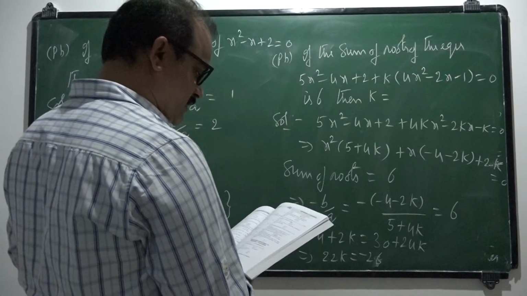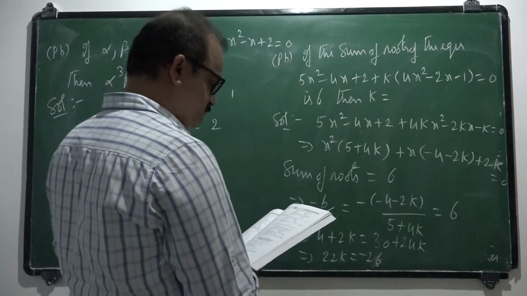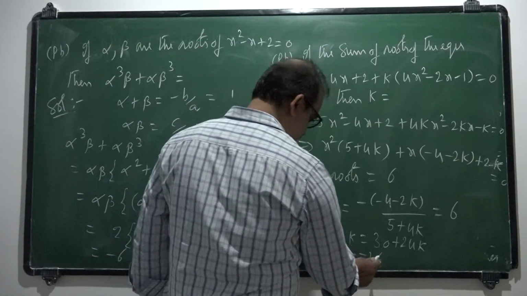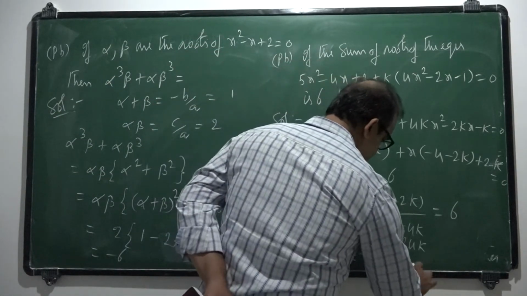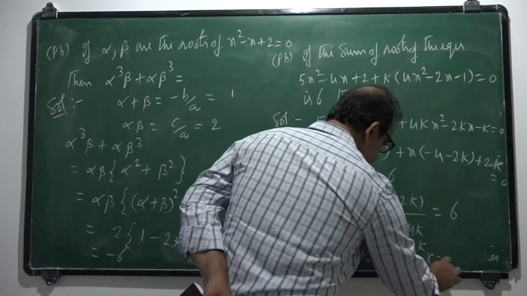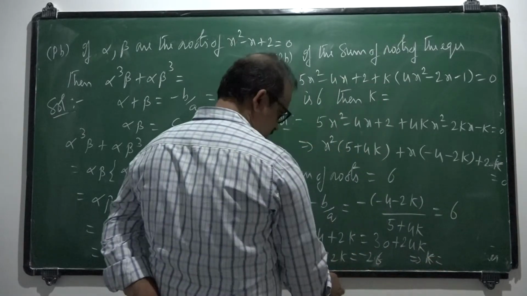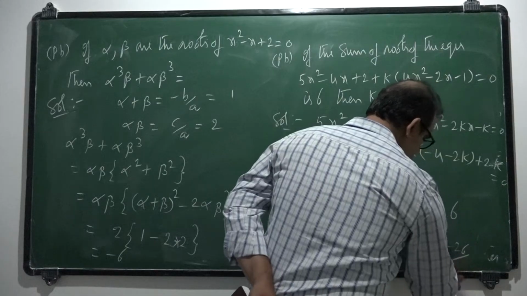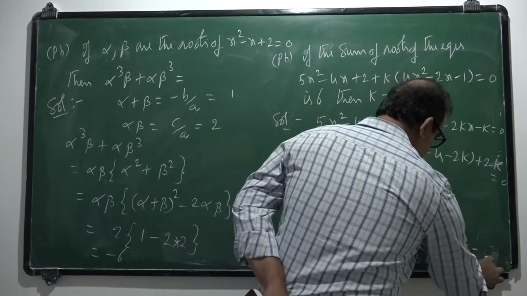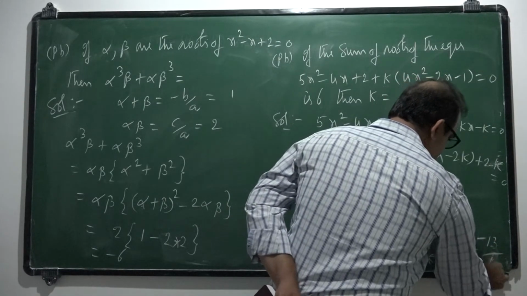Then find k value. 22k is equal to minus 26. Therefore, k is equal to minus 26 by 22. That is minus 13 by 11.